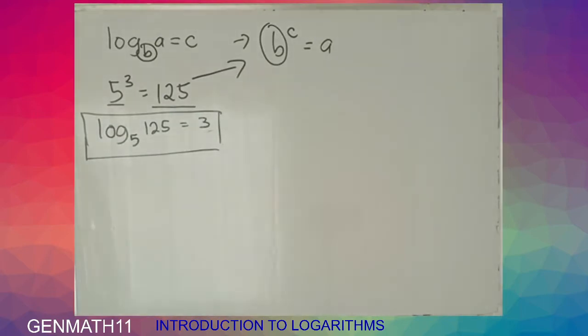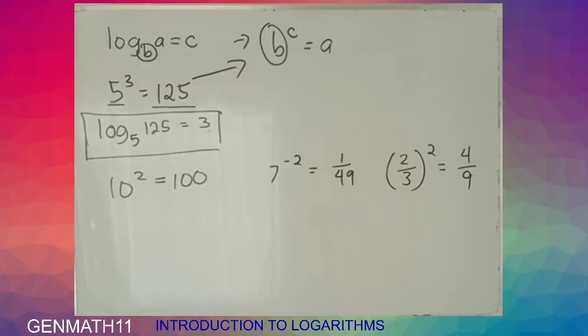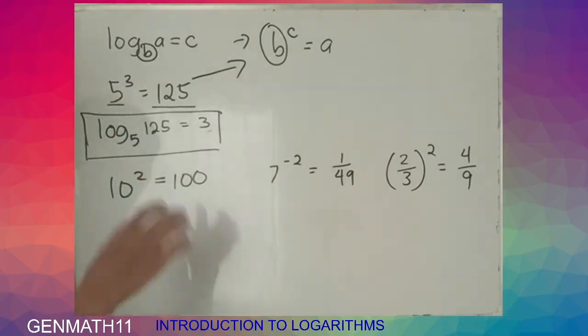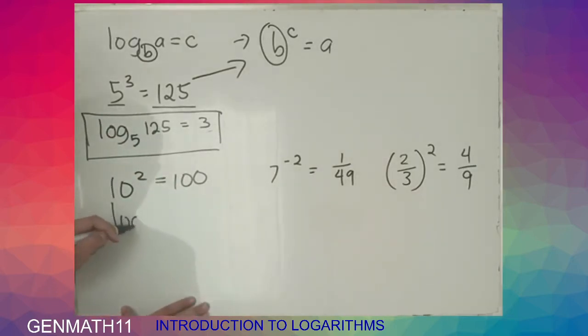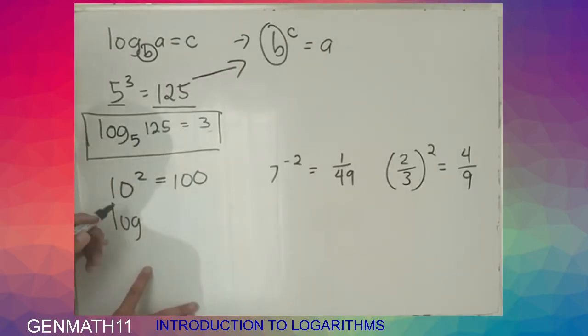So, next. Next example is 10 squared is equals to 100. Okay, sinunod ko na yung pattern. I-convert lang natin into logarithmic form. So, lagyan natin ng logarithm or LOG. Then, ang base natin daw ay yung 10.